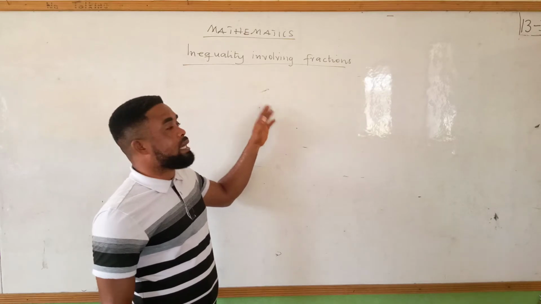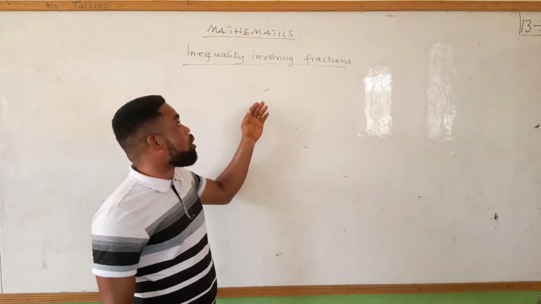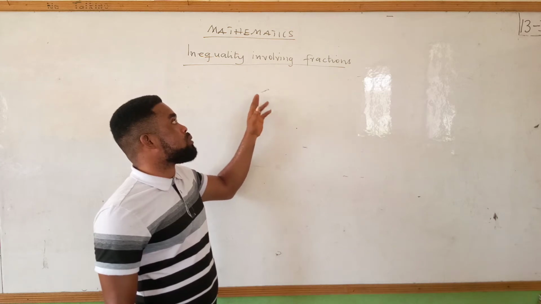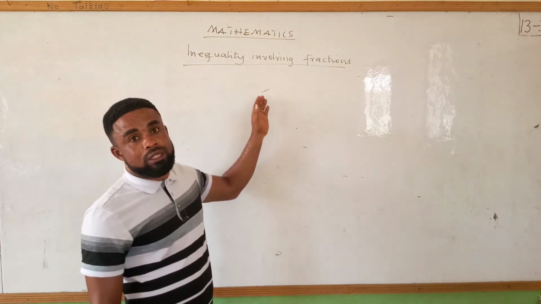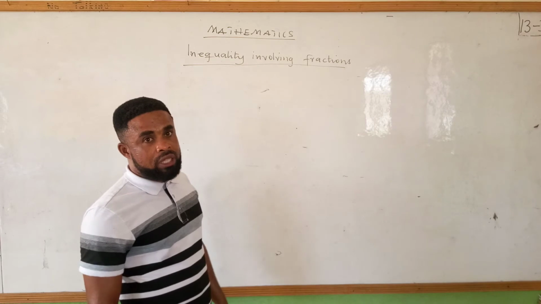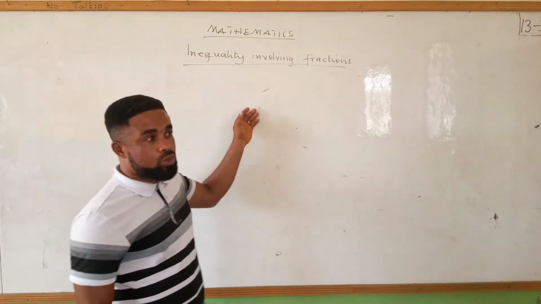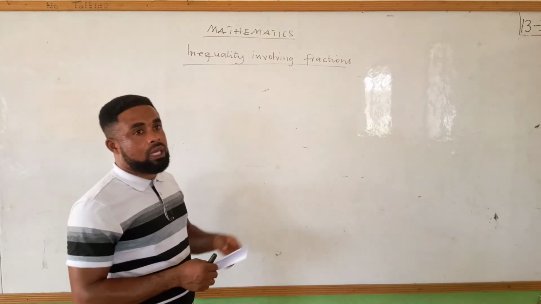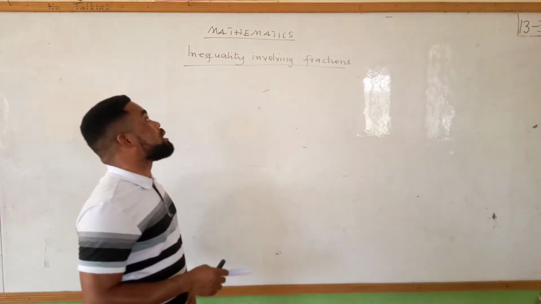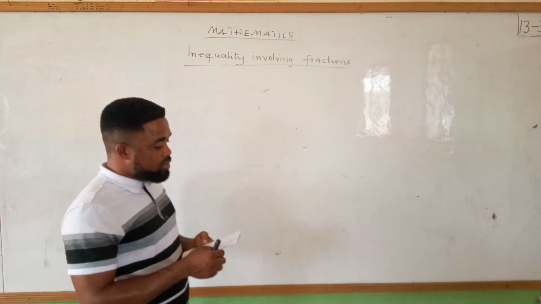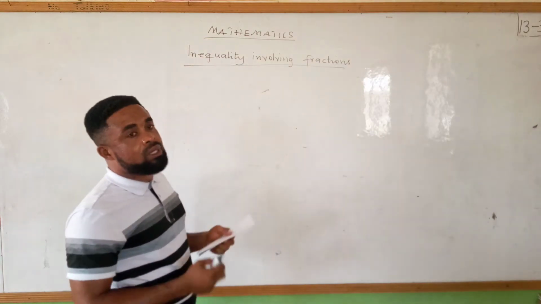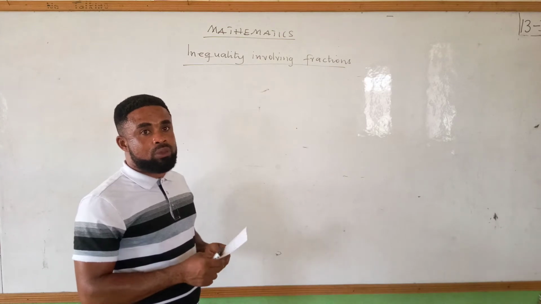That is, by the end of the lesson, we should be able to solve problems in linear inequalities involving fractions. At the end of the lesson, we should be able to solve any problem at all that comes from this topic. Okay, so we shall take our first example without wasting much time.